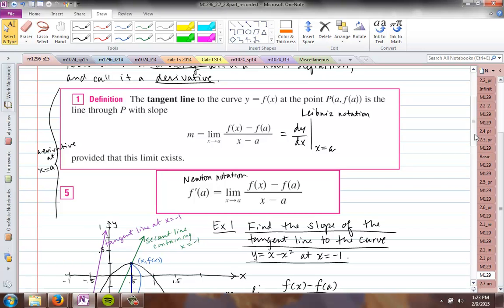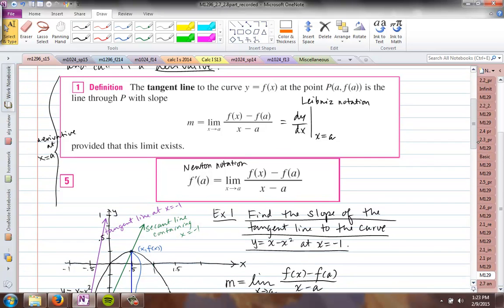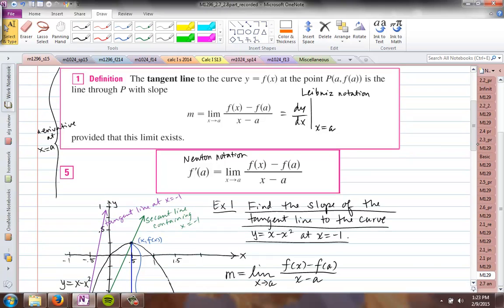But the difference is we're taking this to the next level and generalizing with f of x and x to mean any point. (a, f of a) is at this point P for which we're trying to find the slope of the tangent line, and we're taking the limit as x goes to a. So we're picking points that are closer and closer to (a, f of a), and then we're going to take the limit from both sides.